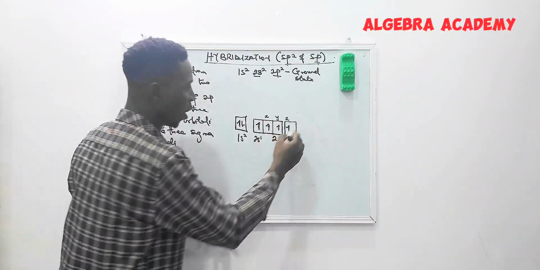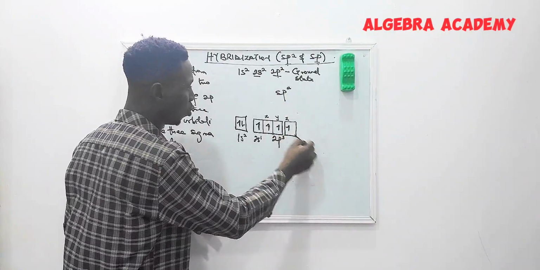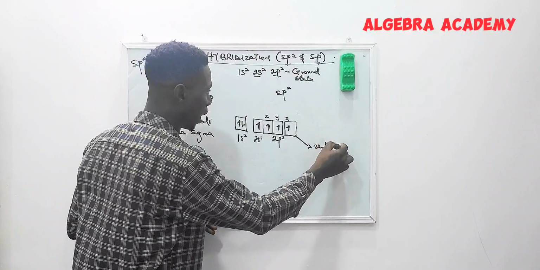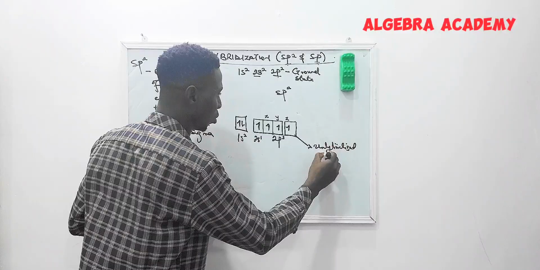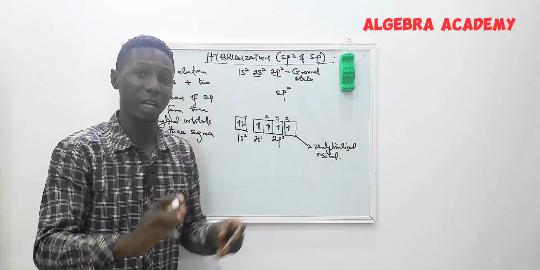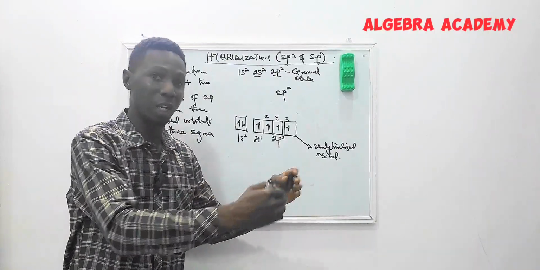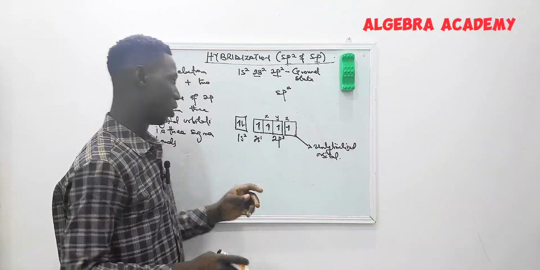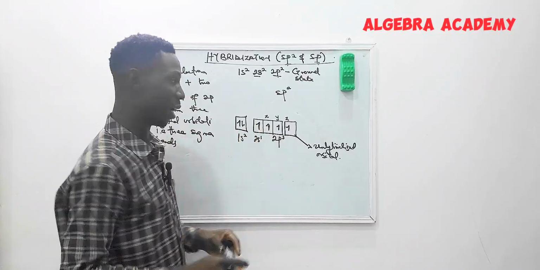It means for sp2 hybridization, 2pz particularly is the unhybridized orbital. It is not participating in the bonding at all because we only need 2 of the p's, not the 3. So we're going to remove one. That one is unhybridized because it is not participating in the hybridization, while the first 2 and the 1s are being hybridized together.